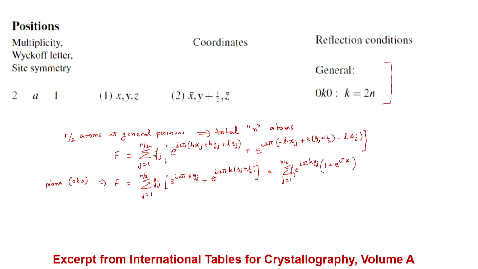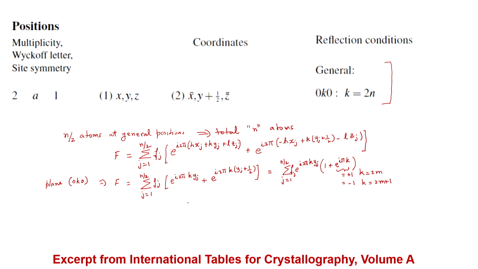So, 2 and 2 will get cancelled and what I am left with is e to power i pi k. Now, this value would be plus 1 for k being 2n, and minus 1 when k is equal to an odd number, 2n plus 1. I already used n here, so let me use m as any integer.